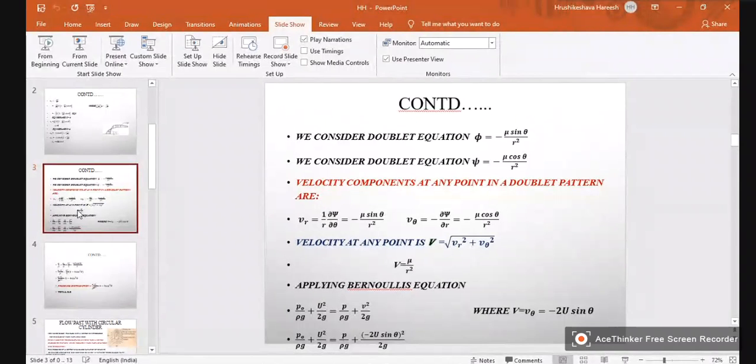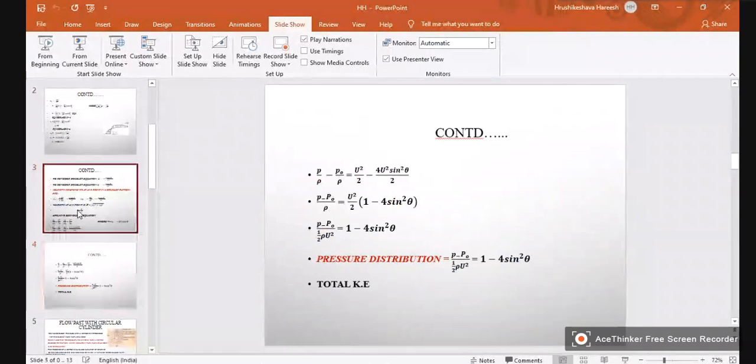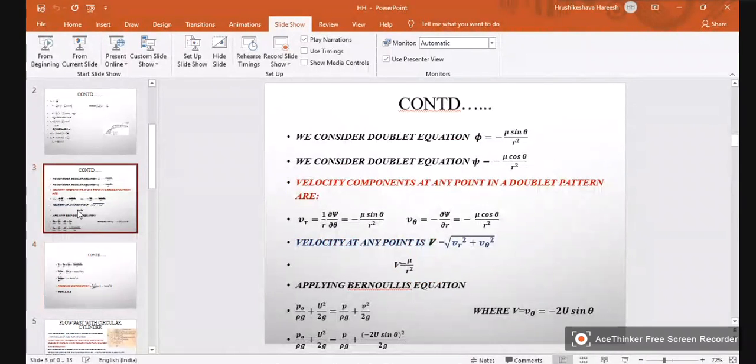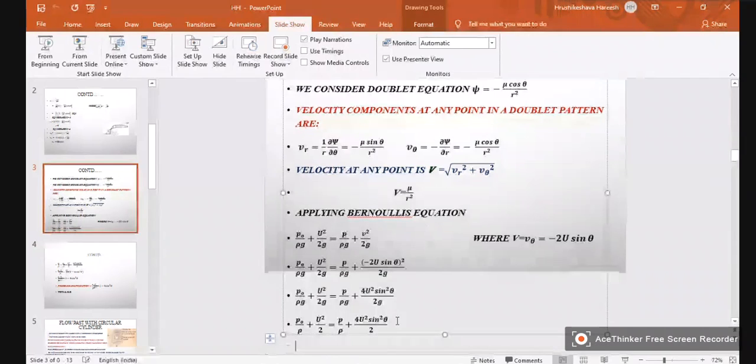P by rho plus v square by 2. How can you cancel gravity? Sir, p by rho g plus v square by 2g. Okay, sir. Next slide.